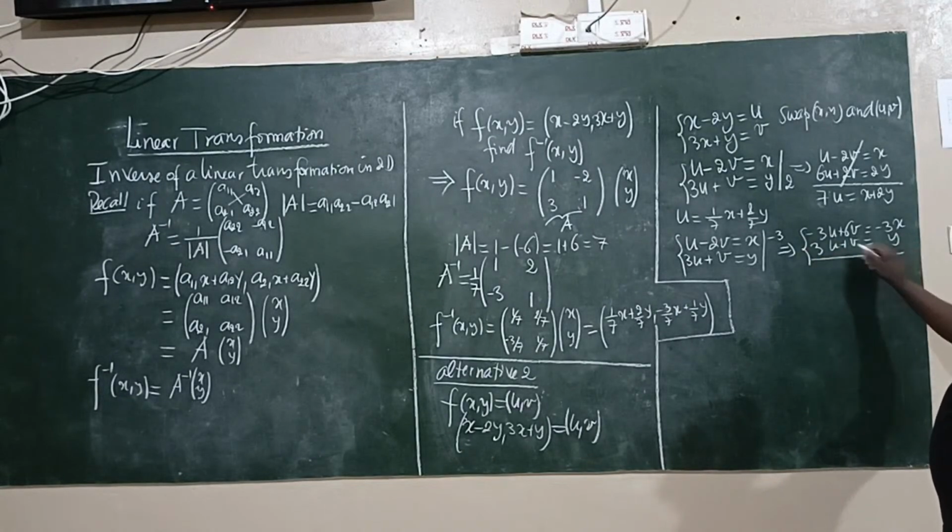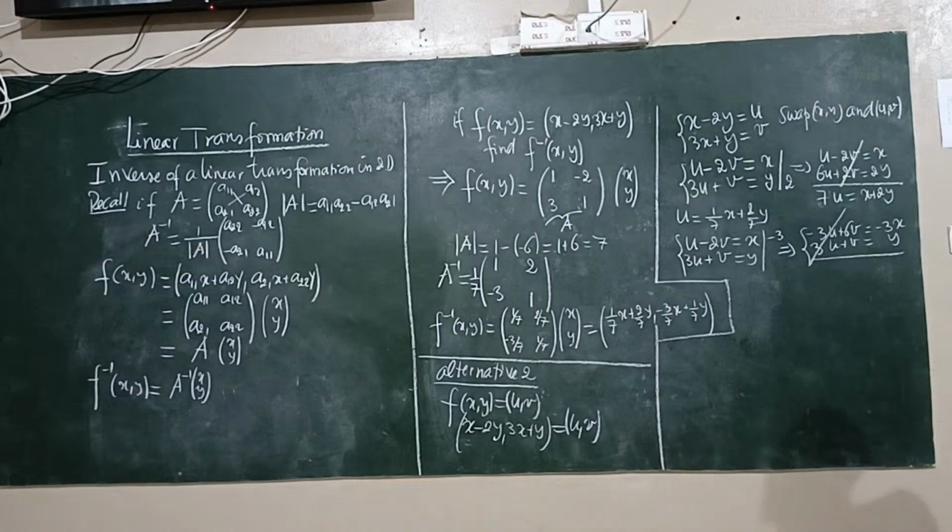So eliminating, minus 3u and 3u will be equal to 0. Now I'm going to sum this and this. Here 6v plus v, that is 7v, and this is going to be minus 3x plus y.